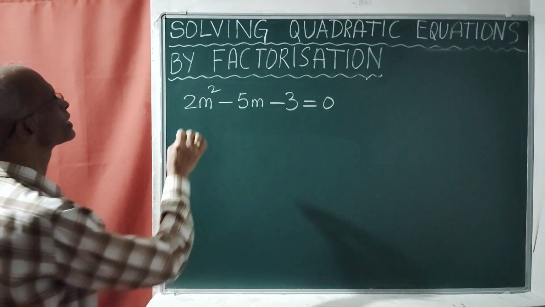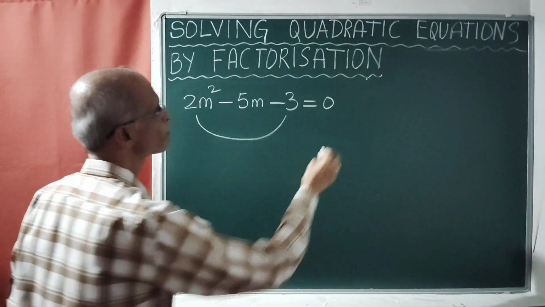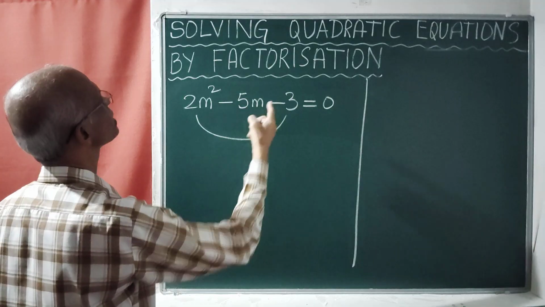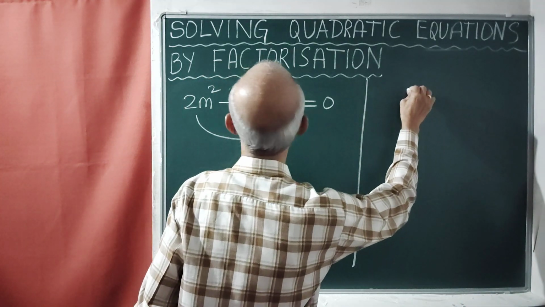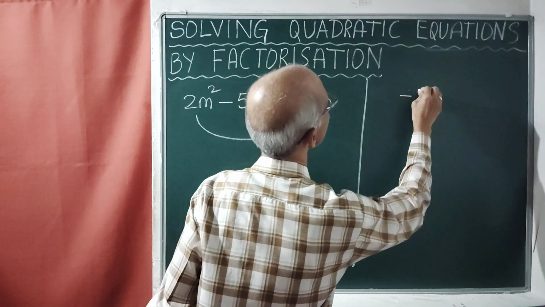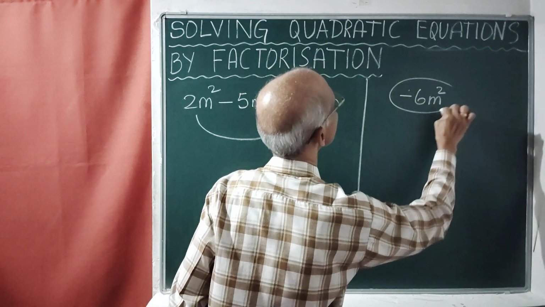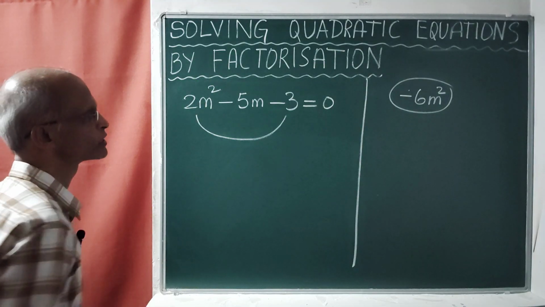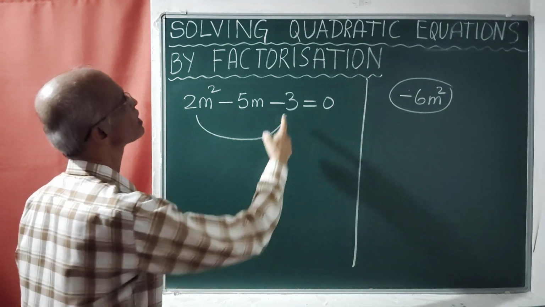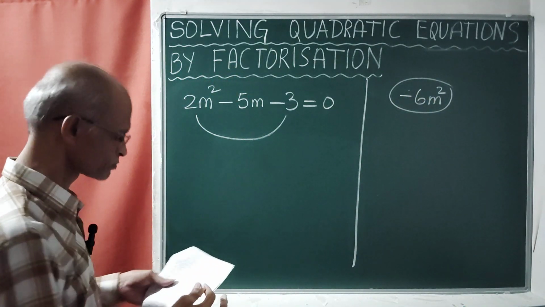The first step is multiply the first term and the last term. 2 3s are 6, so minus 6m square we got.